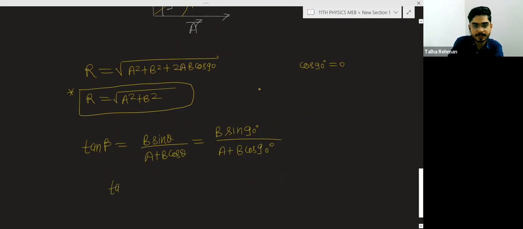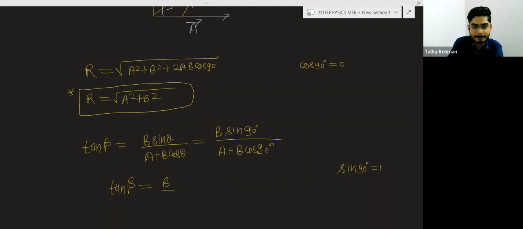So tan beta, you will get sin 90 is 1 and cos 90 is 0. So this will become B only, and this will become A only, because this cos 90 will be 0.